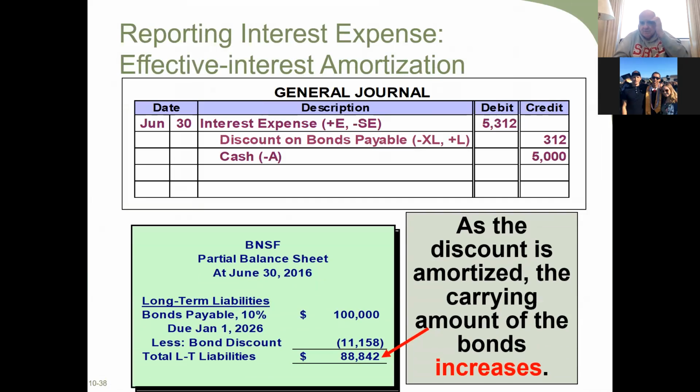So let's see if we get a feel for this. Under this method, you are computing the total interest expense. You are taking the net book value as of year 2, year 4. In this case, it's at the start. Net book value times the market rate is your debit to total expense. Discount was amortized 312. It brought it down 1158, and you have that new net book value there.